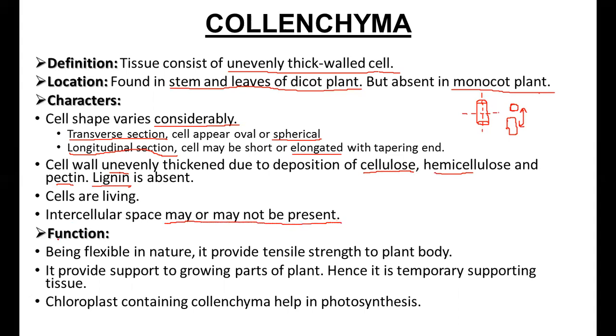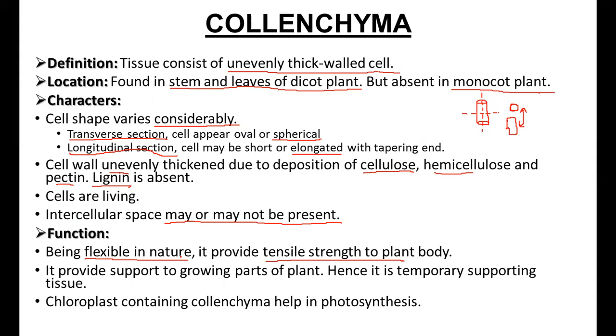Now what are the functions? As you know, the cell wall is composed of cellulose with other substances, so the basic function is flexibility. It provides tensile strength to the plant, because this type of cell is flexible in nature, and the cell wall composition makes this type of tissue flexible.